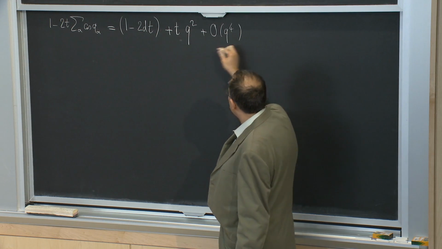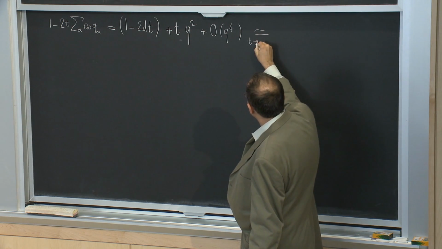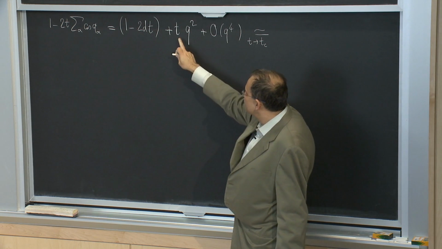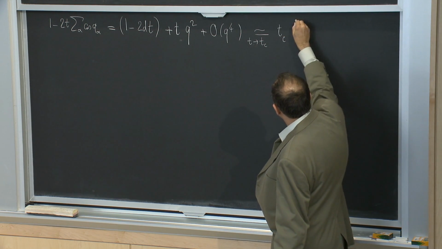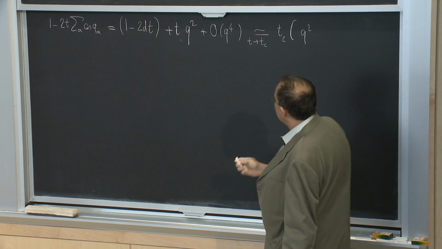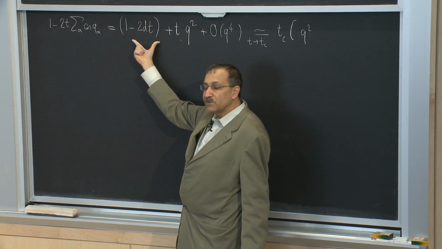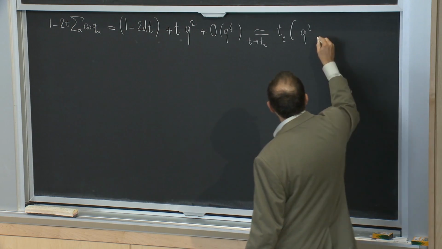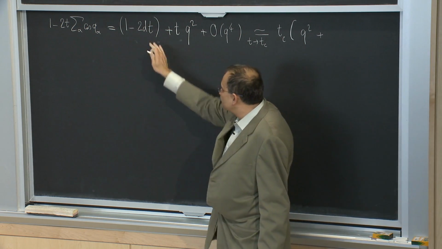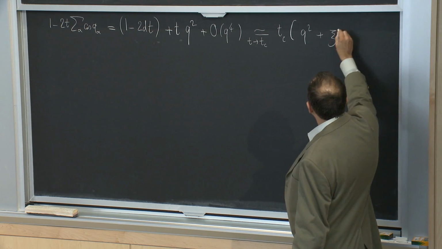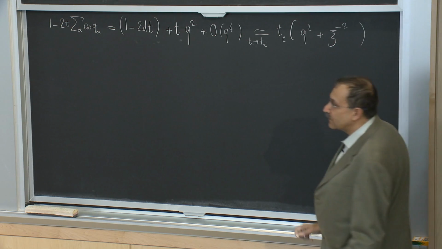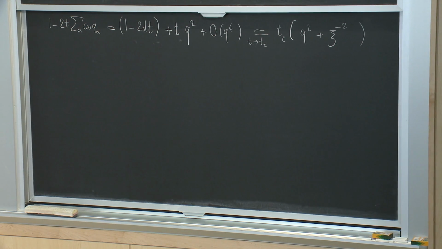So if I'm looking in the vicinity of t going to tc, this is roughly tc, q squared. This is something that goes to 0. And once I factor out the tc, I can define a length squared in this fashion, inverse length squared. Okay?